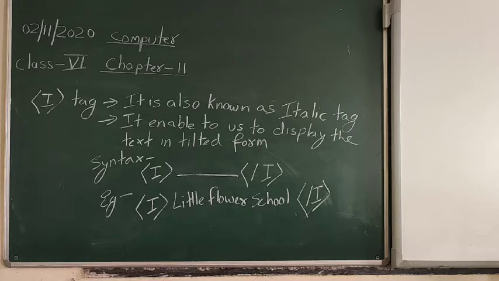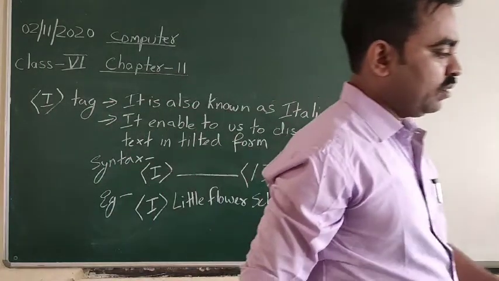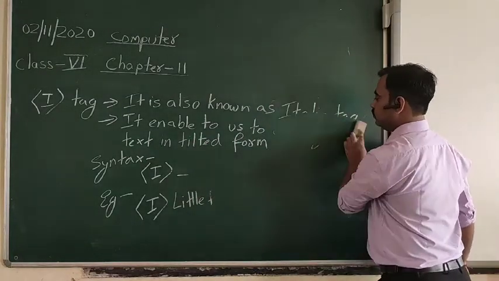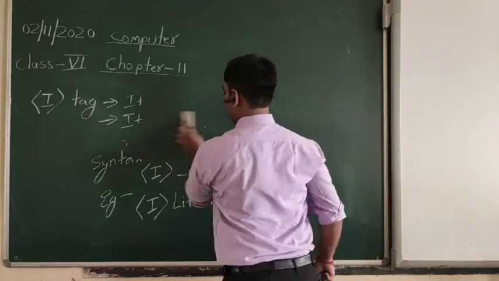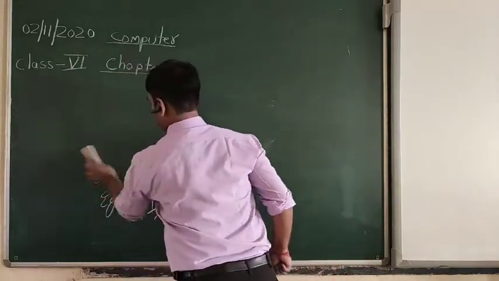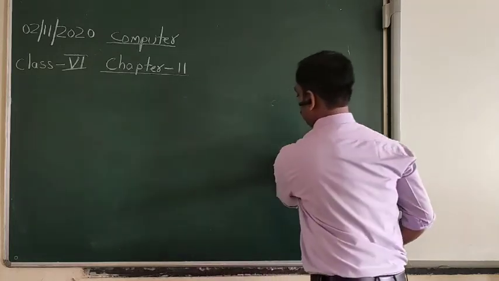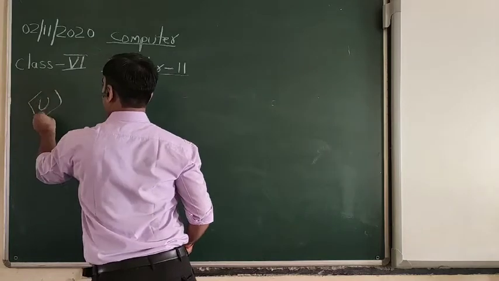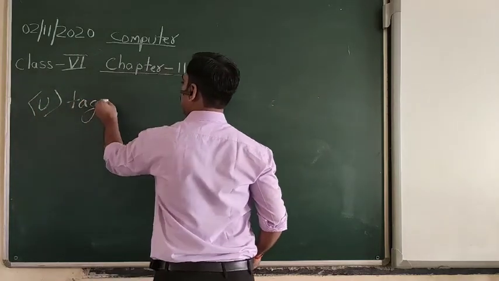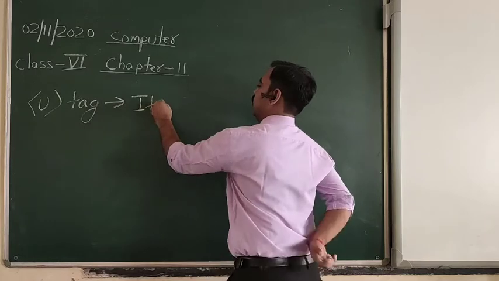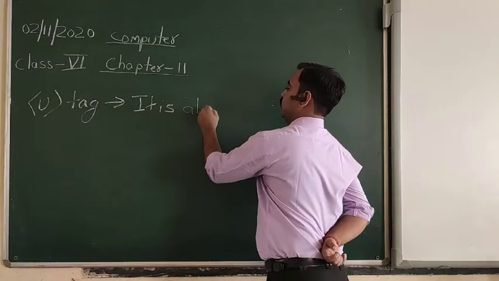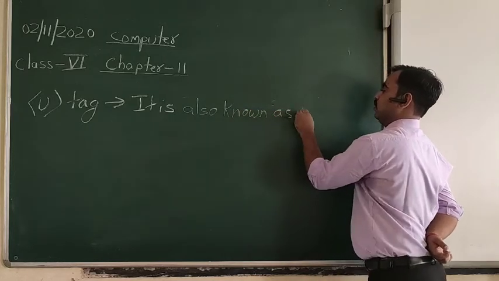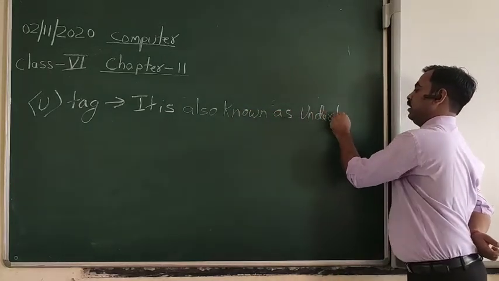Clear? The next tag is the U tag, or the underline tag. It is also known as the underline tag.